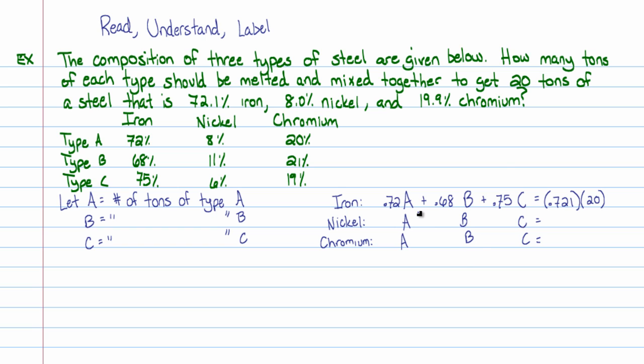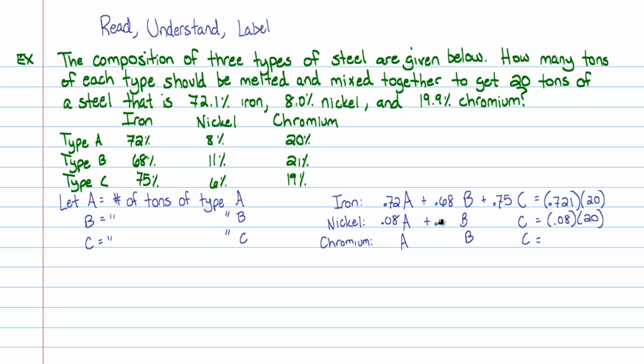Okay, let's go to the nickel row here. I know that I want in the mix, I want it to be 8% nickel. So 0.08. And that's of that 20 tons. So I want 8% of that 20 tons to be pure nickel. So let's see. The amount that's contributed from type A, well, 8% of type A is pure nickel.